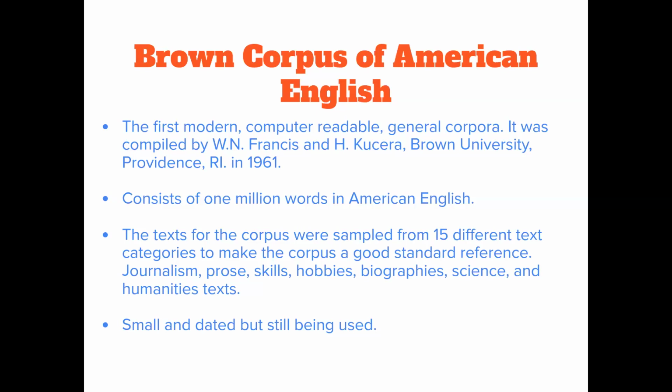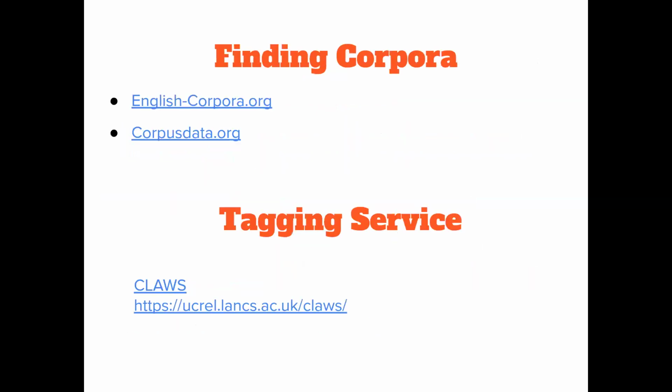So areas like journalism, prose, skills, hobbies, biography, science, humanities, just a general cross-section of written work. It is small compared to a lot of today's corpora, but it's still being used by people. So we will use that for today.